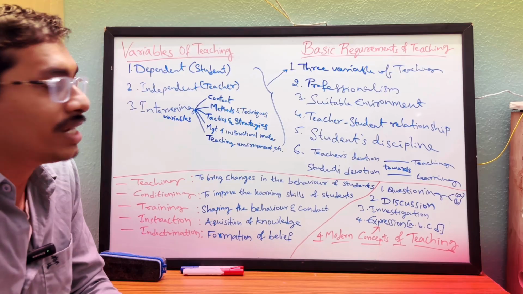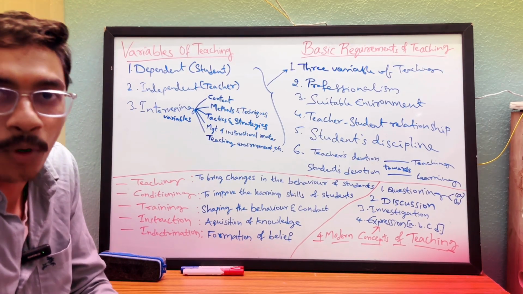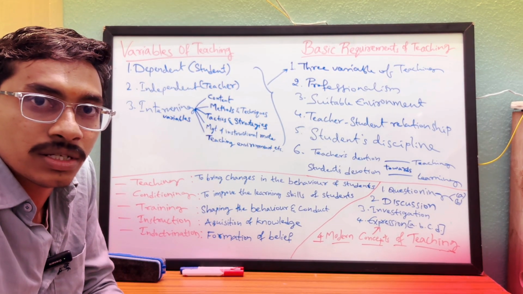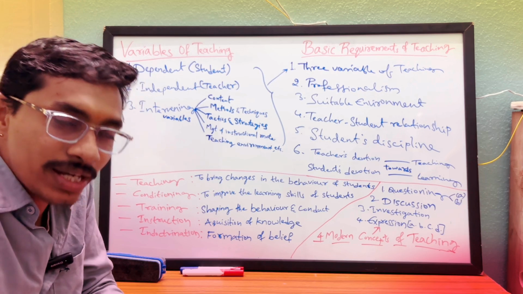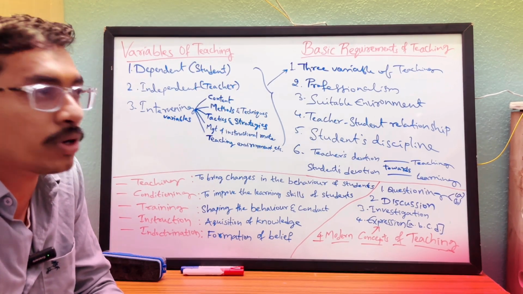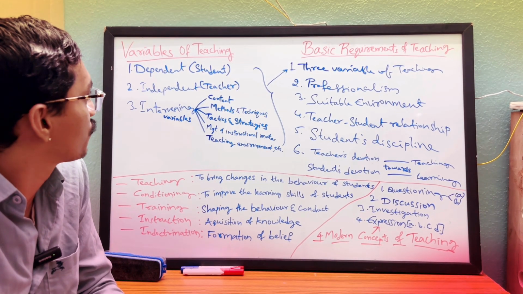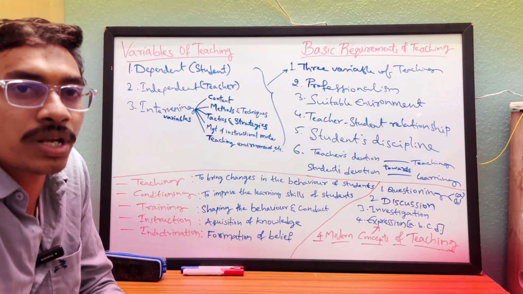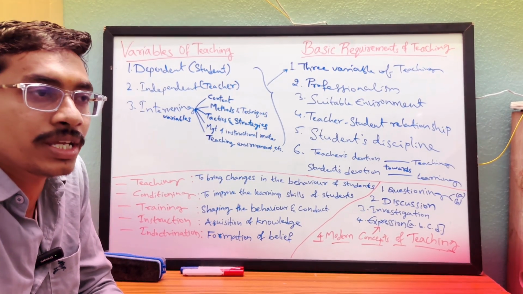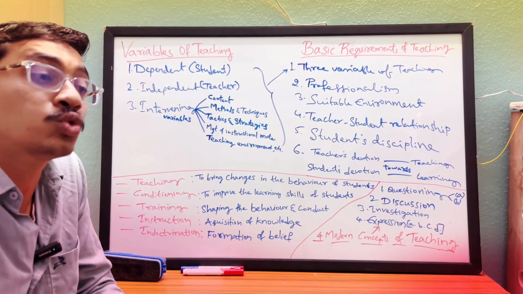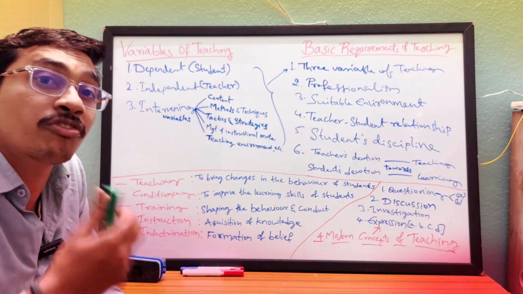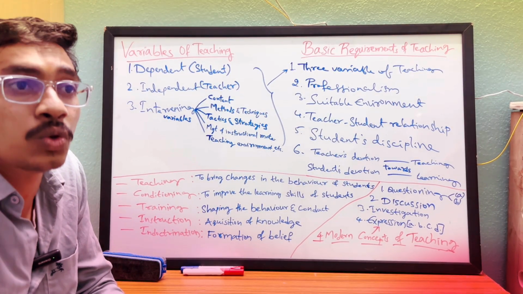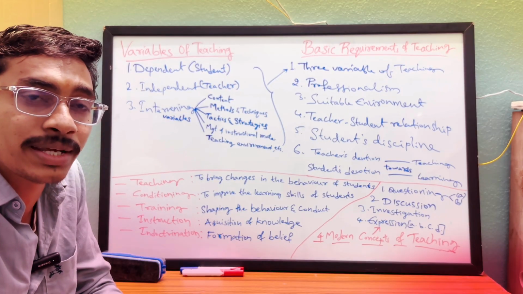Because the student is usually dependent upon the teacher. Yes, student or learner is usually dependent upon the teacher, whereas the independent variable is the teacher, because the teacher has more flexibility or independence to choose the topic and the method of teaching, how to improve the student.